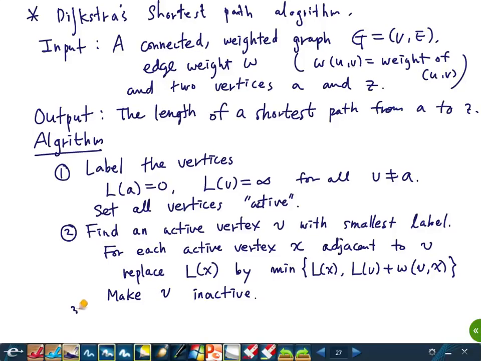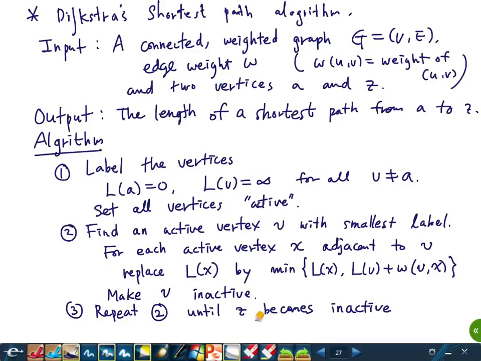And 3, we're going to repeat this step 2 until Z becomes inactive. So as long as Z is active, this will be iterated. It's like a while statement.